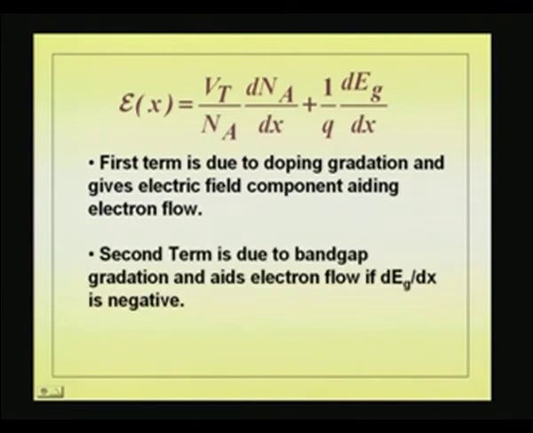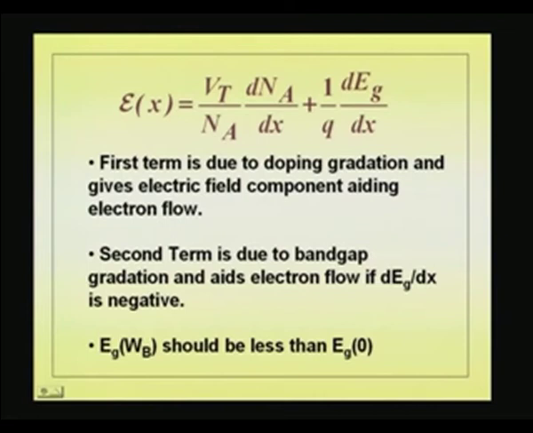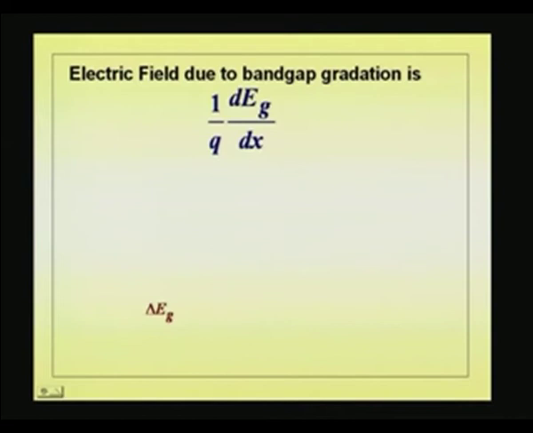What about the second term? The second term is due to the band gap gradation and aids electron flow if dEg by dx is negative, which means the band gap at the collector edge, at WB, should be less than the band gap at the emitter base junction edge. Okay. Right.